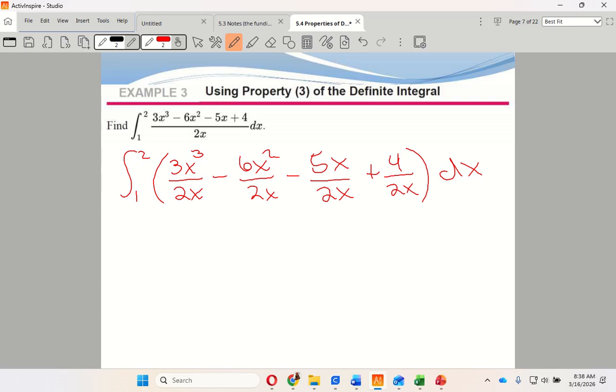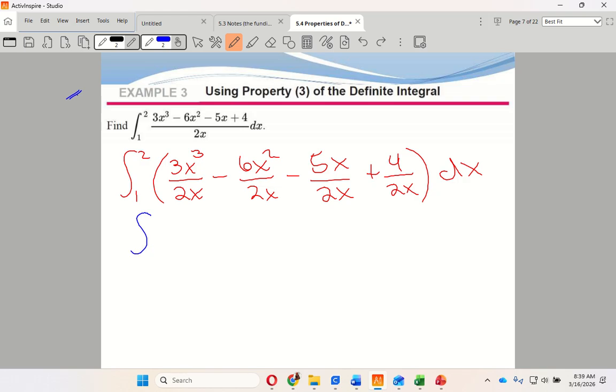Now we're going to simplify, because that's going to help me out, because we really don't have a quotient rule for integration. We just divide it out. All right, simplify.